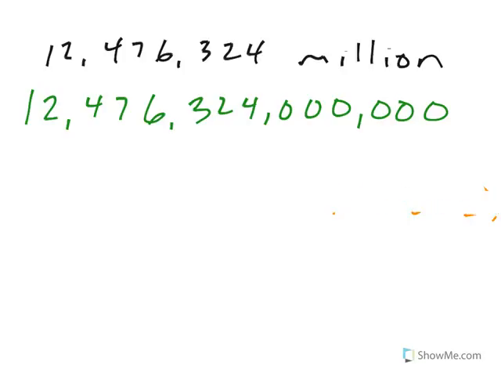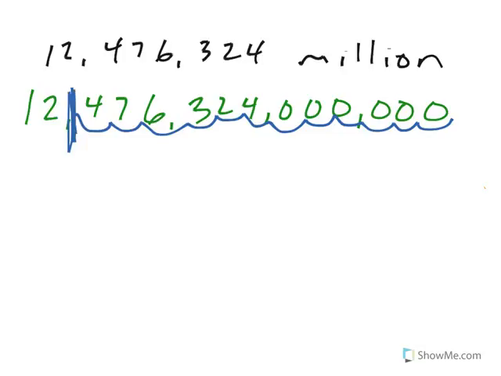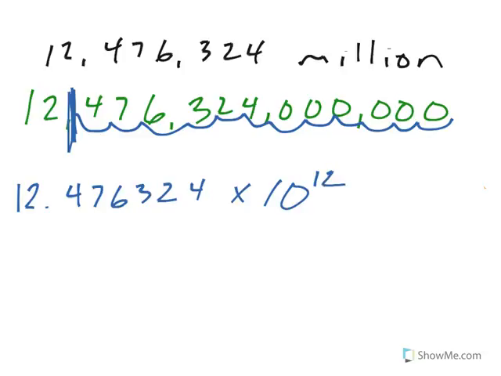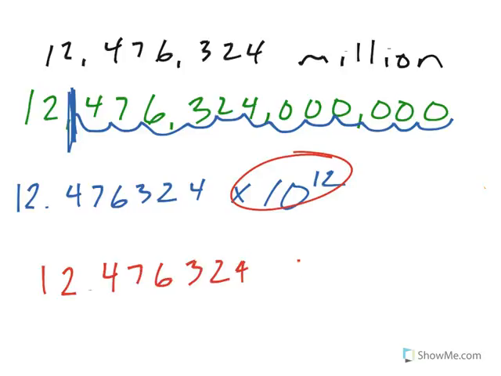So I'm going to start at the end and go 12 places: 1, 2, 3, 4, 5, 6, 7, 8, 9, 10, 11, 12. So now my decimal point goes here. 12.476324 times 10 to the 12th. Well, this piece here means trillion. So 12.476324 trillion.